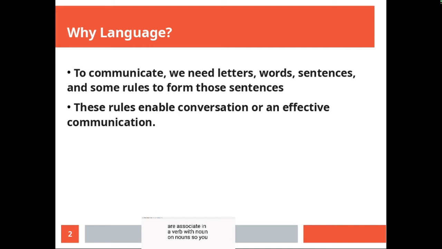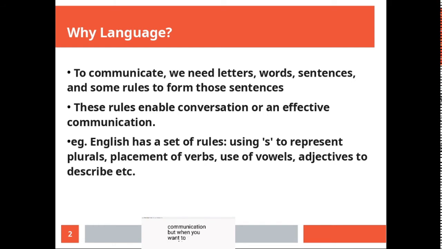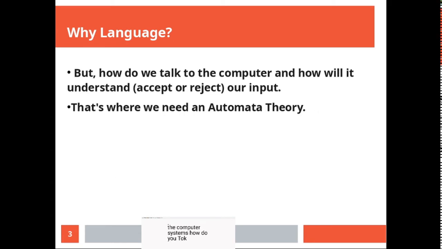So you have a specific set of rules which tell you how to form words of a particular language. Then there are rules which help you form sentences, and these sentences turn meaningful to enable effective communication. But when you move on to machines, to computer systems, how do you talk to them?